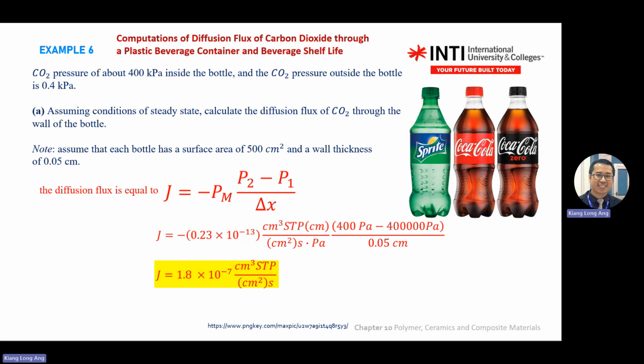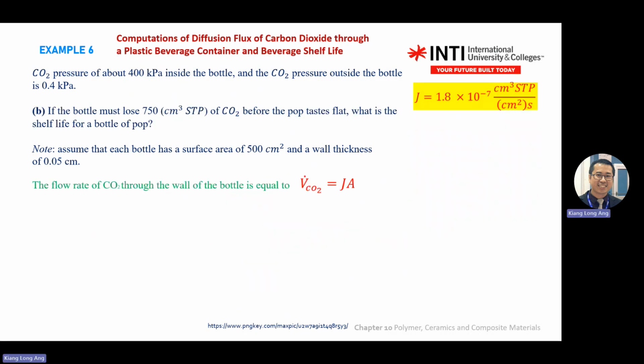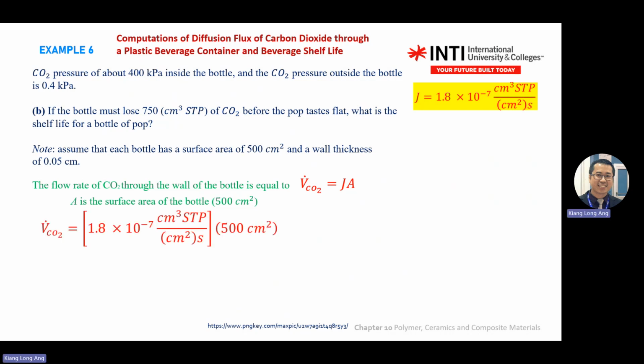So if you want to find the flow rate, you take J multiplied by the area. Assume the area is 500, so you multiply by 500.